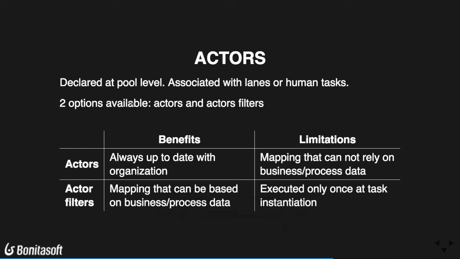What is interesting with that approach is that even when the process is running and the task is ready to be executed, if the mapping changes, the task will automatically reflect that mapping.